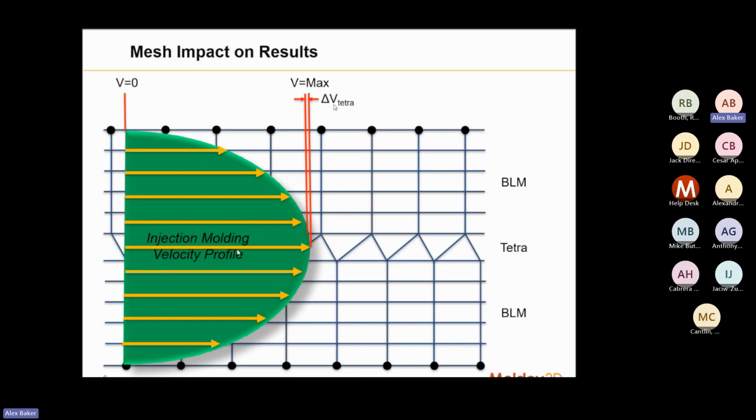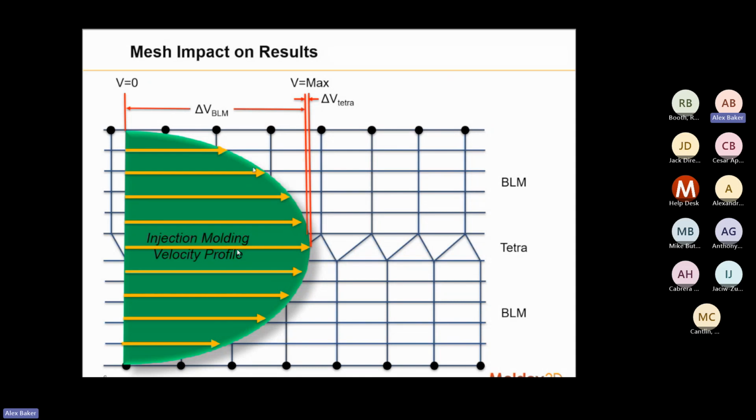All right, so the change in velocity across this tetra layer, if I draw an arrow down to where the tetra layer contacts the edge of this profile, the change in velocity over this tetra layer is very, very small with respect to the amount of velocity change that's occurring in the boundary layer section.